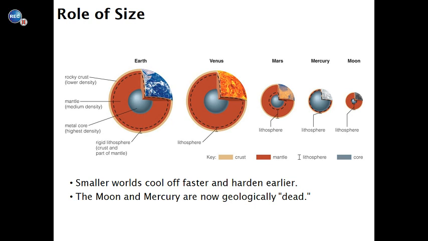There's no leftover heat. Whereas Mars, maybe there's some heat. We're not certain, but there's probably some heat remaining. And the Earth and Venus probably have a significant amount of heat left over. The obvious differences between these, the Moon and Mercury are small, Earth and Venus are big. Size seems to have some role in it.